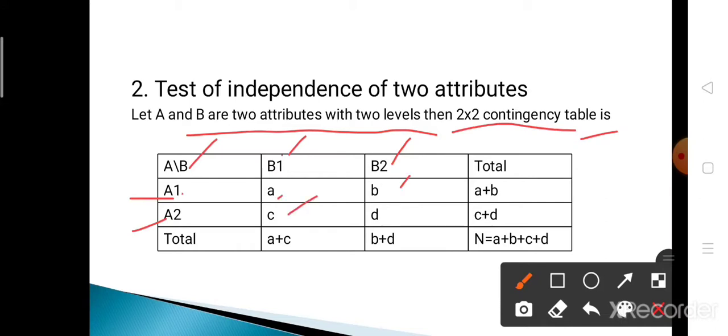For A1 B1 the value is a, for A1 B2 the value is b, for A2 B1 the value is c, and for A2 B2 the value is d. The row totals are a plus b and c plus d. The column totals are a plus c and b plus d. And capital N is the sum of all the cell values, a plus b plus c plus d.